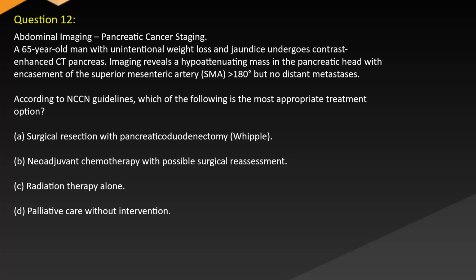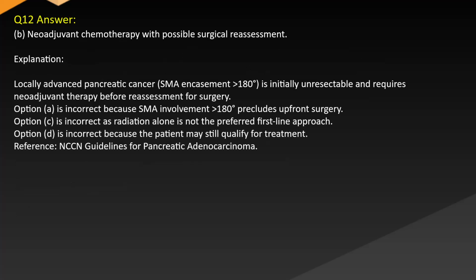A. Surgical resection with pancreaticoduodenectomy, Whipple. B. Neoadjuvant chemotherapy with possible surgical reassessment. C. Radiation therapy alone. D. Palliative care without intervention. Answer: B. Neoadjuvant chemotherapy with possible surgical reassessment.